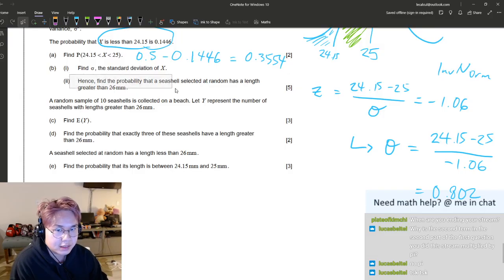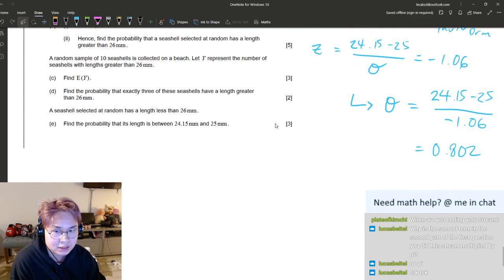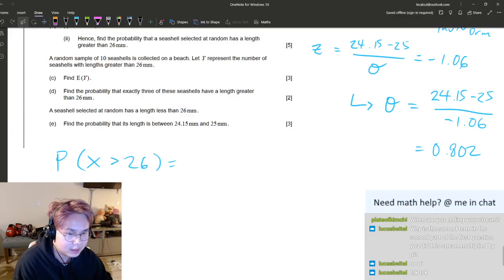Okay, and then hence find the probability that a seashell selected at random has a length greater than 26 millimeters. So once we have everything, that's easy to do. We just put this in a calculator.